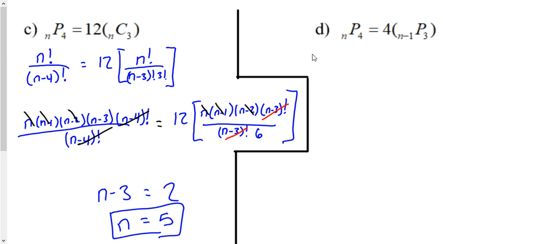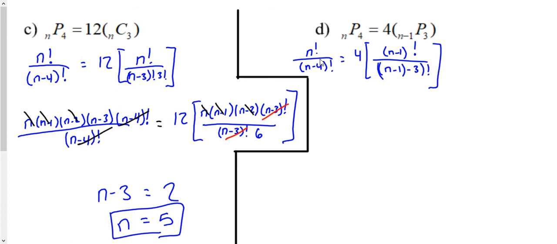We have n pick 4, so that's the same thing as saying n factorial divided by n minus 4 factorial. There we go, that's our right hand side. On the left hand side we have that 4 there, and let's set up the n minus 1. That's all in brackets because that's my numerator factorial. My denominator is going to be n minus 1 minus 3, and all of that is now factorial. There we go. Close bracket here.